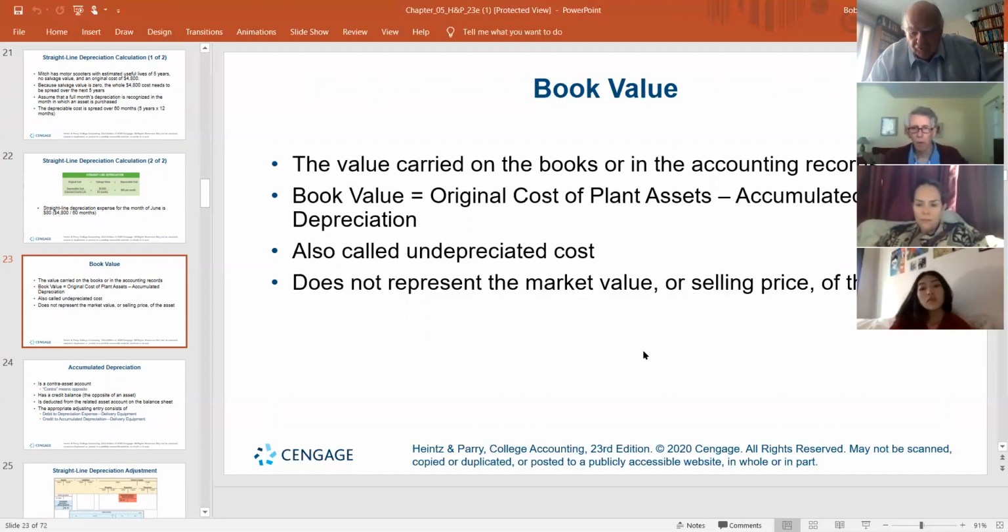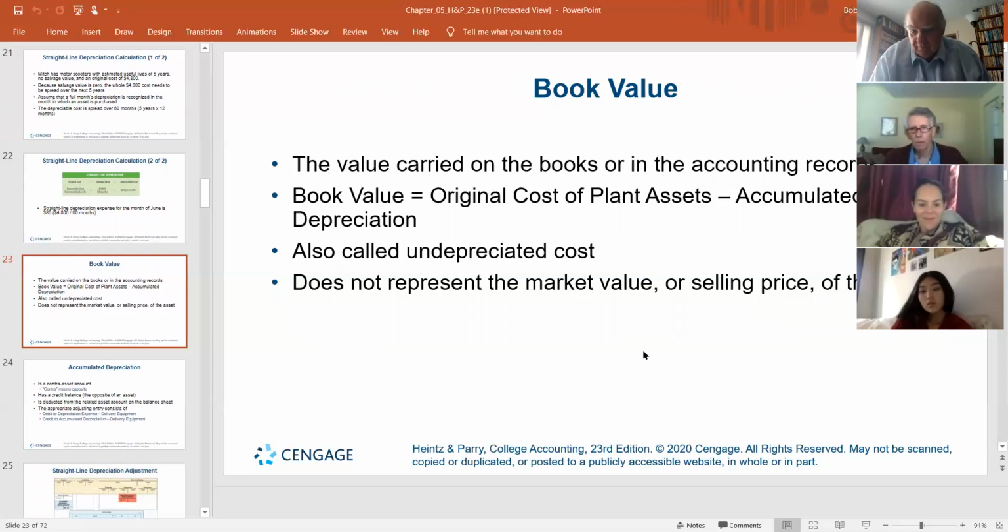Understand what accumulated depreciation is? It's a contra asset account. Contra, the opposite. Accumulated depreciation is a contra asset, and all contra assets are married to another account.